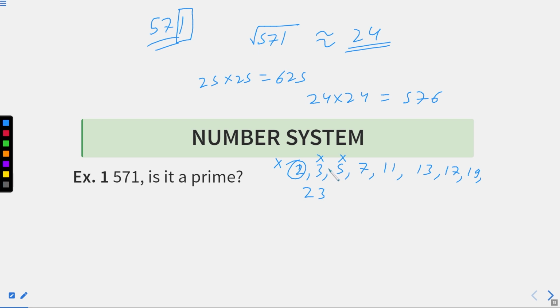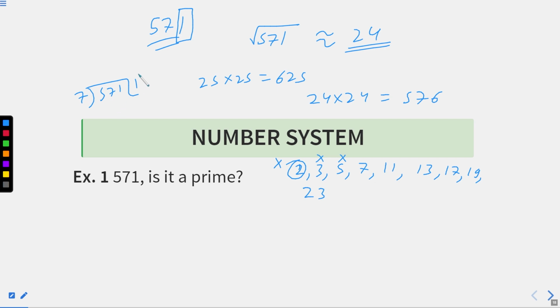Now, does 7 divide 571? Let's check by the long division method. It will take some time, but the number given to us is not lengthy, it's just a 3-digit number.